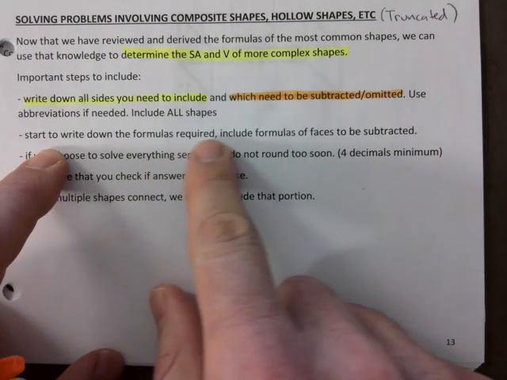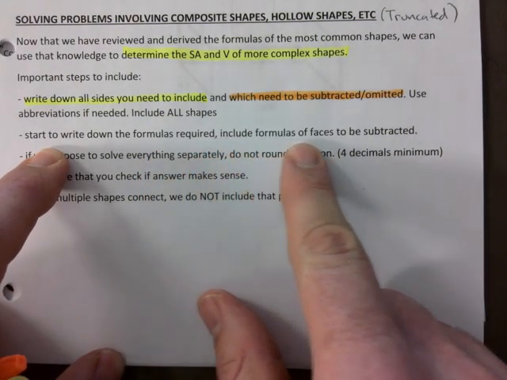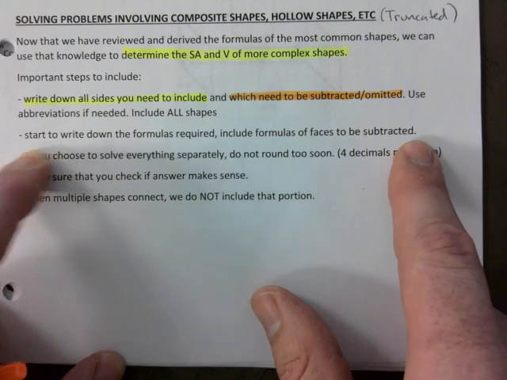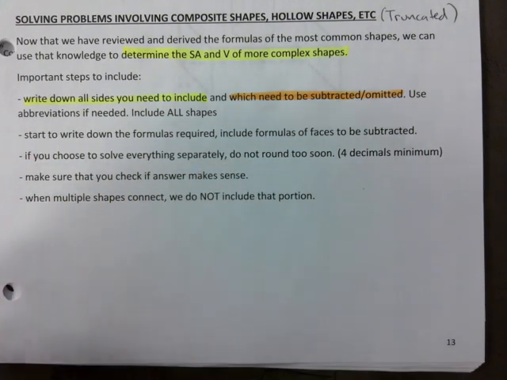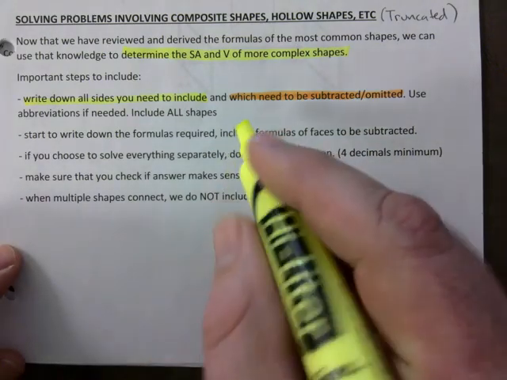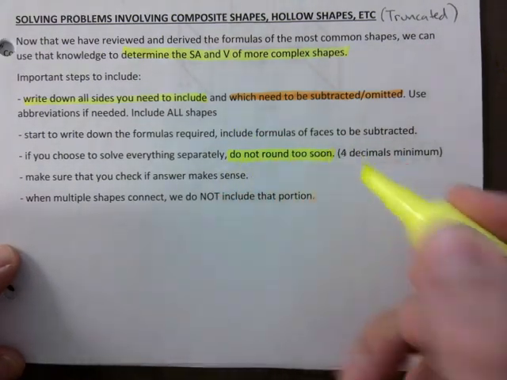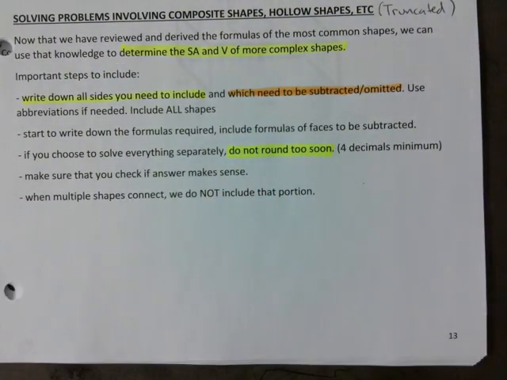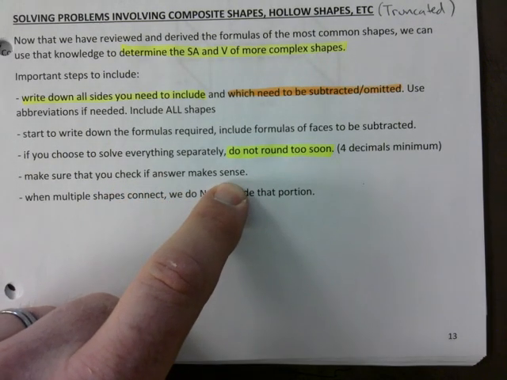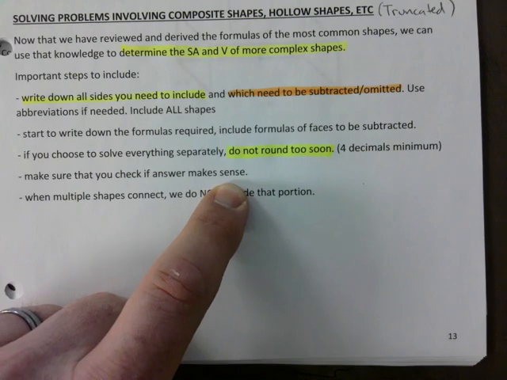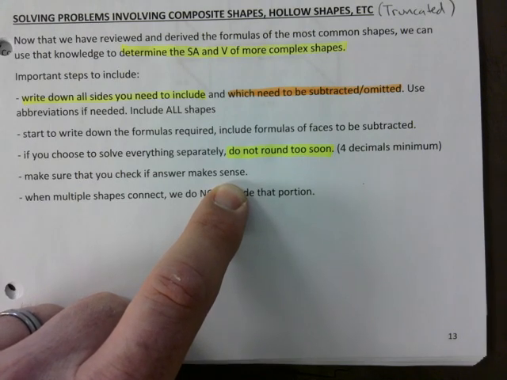Start to write down the formulas required. Include formulas of faces to be subtracted if you choose to solve everything separately. This is important: do not round too soon. Make sure to check if your answers make sense. So if you get a really big number or a really small number, maybe double check.